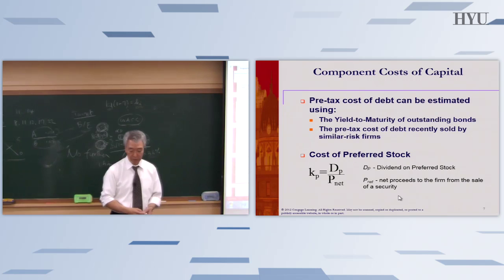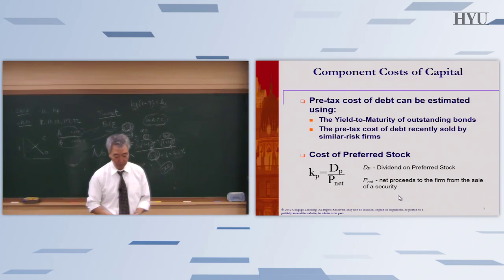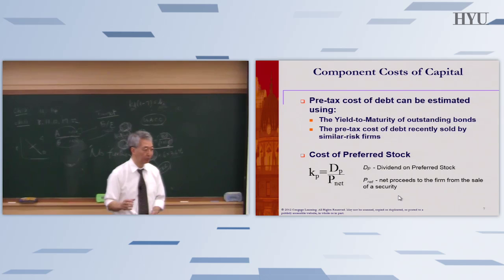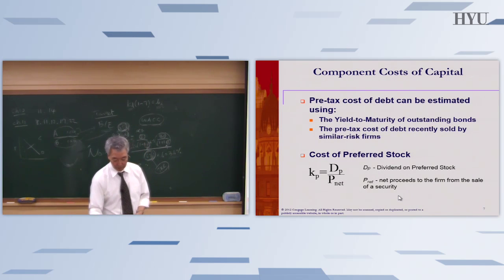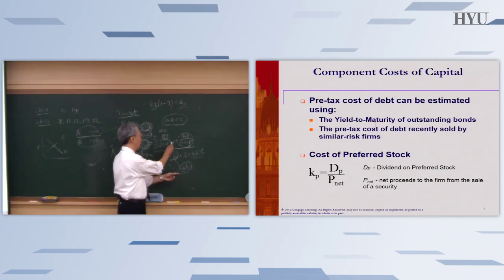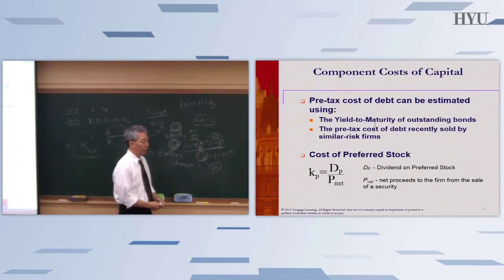So based on that, you can expect that the market will treat your company the same way as they did before, right? So you can consider the current yield to maturity. Yield to maturity is the same thing as IRR, you know that, right? This KD is the yield to maturity, right?